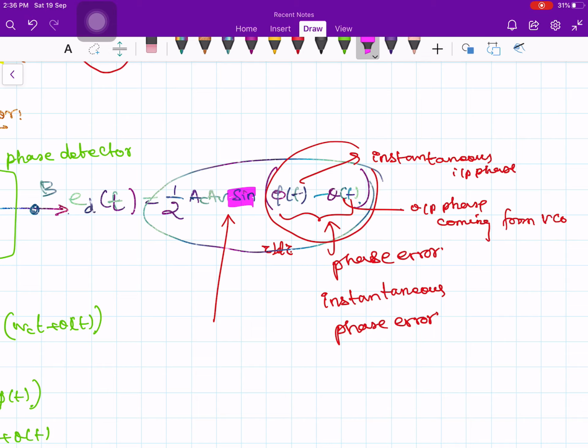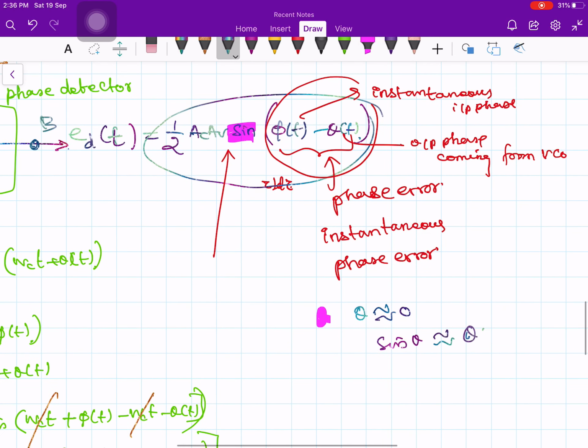Of course, when phi of t minus theta of t is small, then this non-linear dependence will also become linear dependence. If theta is very small, theta is approximately 0, then sin theta is approximately equal to theta, right? Please remember this rule.